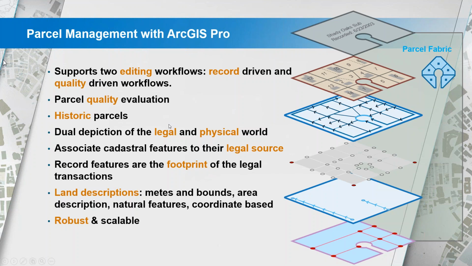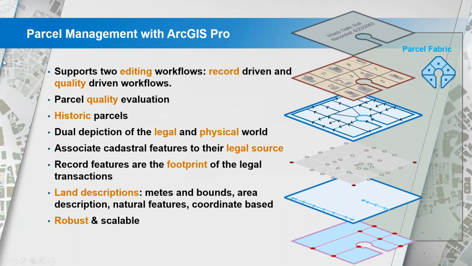Another thing, if anybody's done any sort of land record mapping, we find that often the legal description does not match what's actually in the physical world. There are a lot of different reasons this can happen: errors that were captured out in the field, the types of instrumentation that was used, many things can introduce errors that make a legal description different from the physical world.